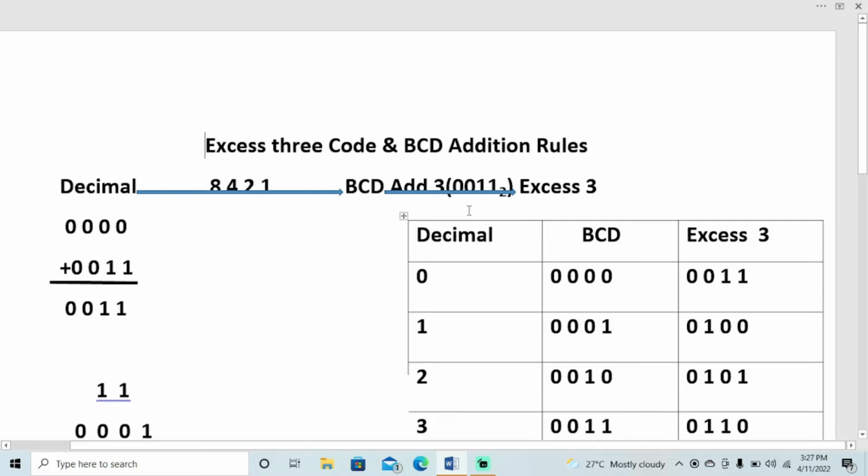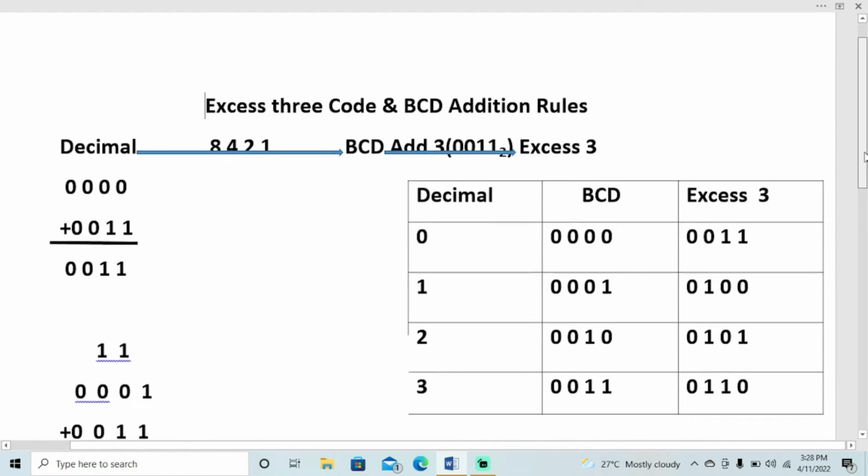So in short, we just add the 3 bits. In any BCD that you want to convert into excess 3 code, you just have to add 0, 0, 1, 1 to the binary code that you want to convert into excess 3.